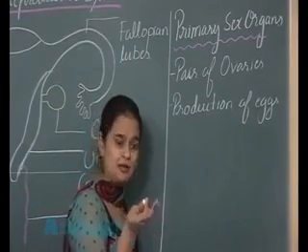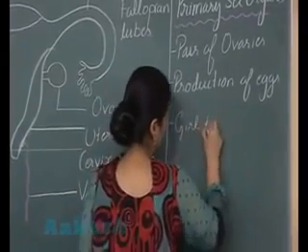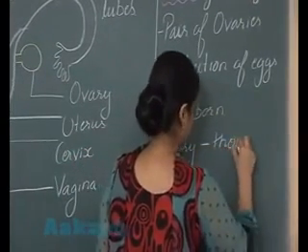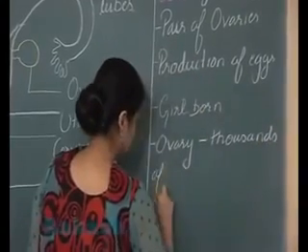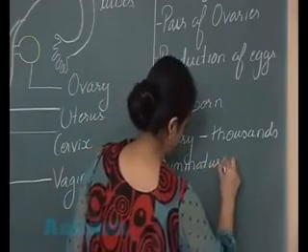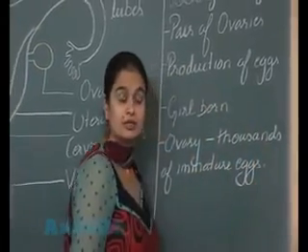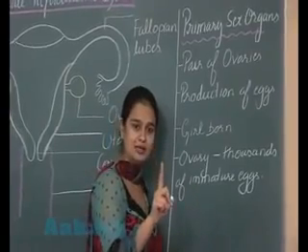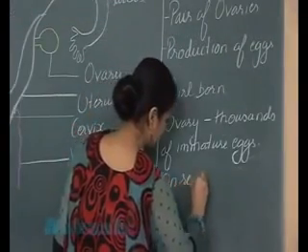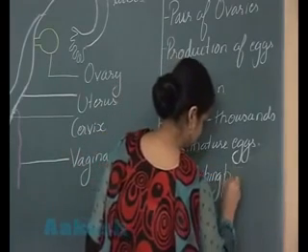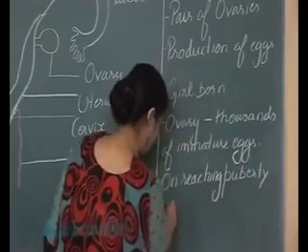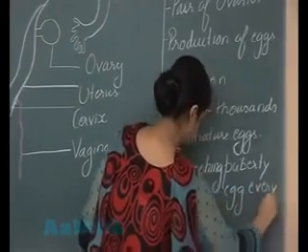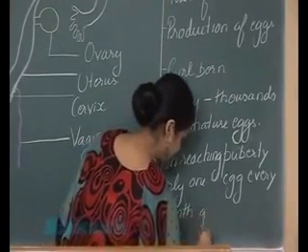As the girl is born, in the ovaries there is presence of thousands of immature eggs, but on reaching puberty, only one egg each month gets mature.